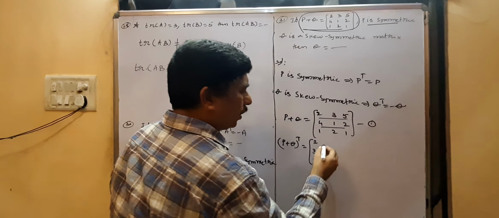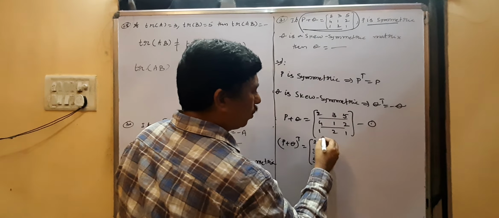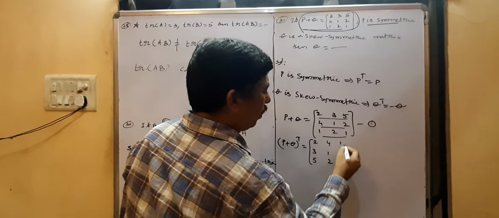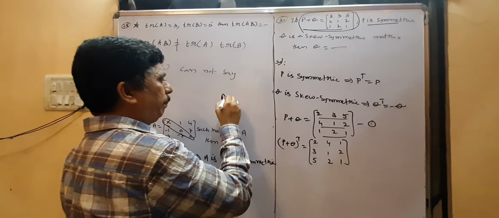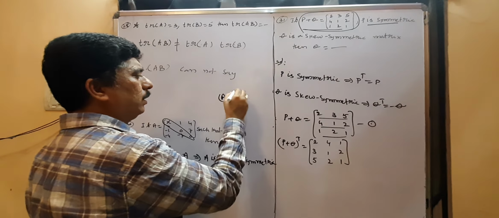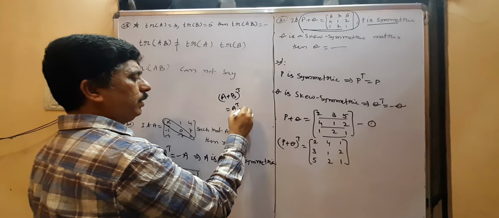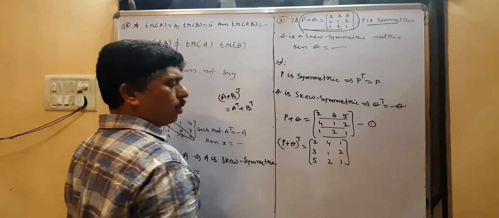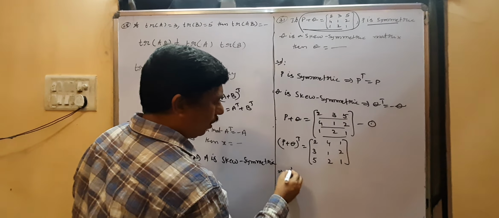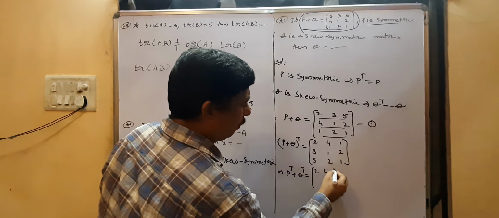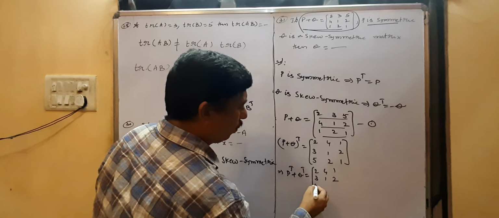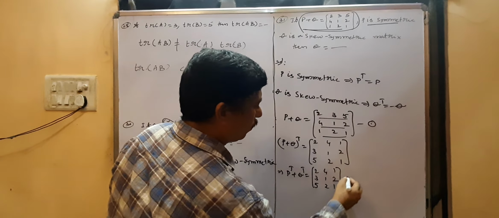Second row as a column, 4, 1, 2. Third row as a column, 1, 2, 1. (A plus B) whole transpose is A transpose plus B transpose. So this is P transpose plus Q transpose, and the right side is the transposed matrix 2, 4, 1, 3, 1, 2, 5, 2, 1.